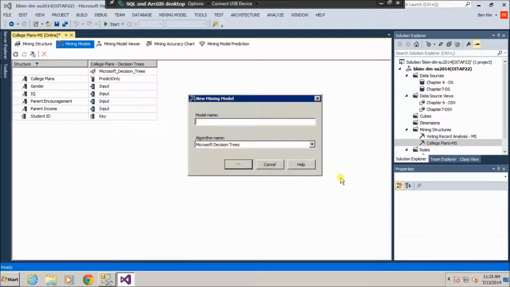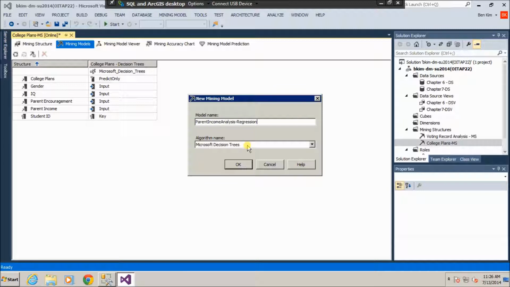Let's create a model using a good descriptive name. How about something like parent income analysis using regression. We'll use Microsoft Decision Trees. Microsoft Decision Trees are actually very powerful because they provide the functionality of building a nonlinear regression instead of a simple linear regression.